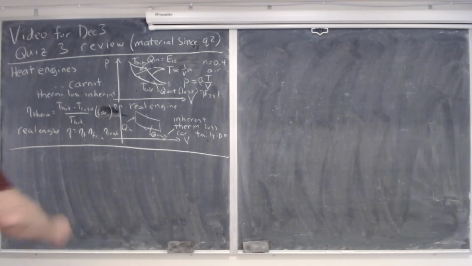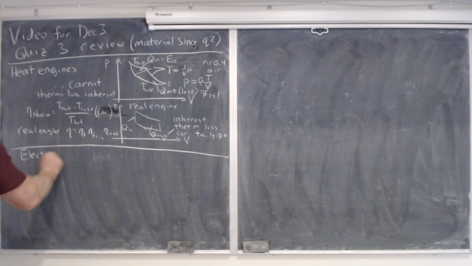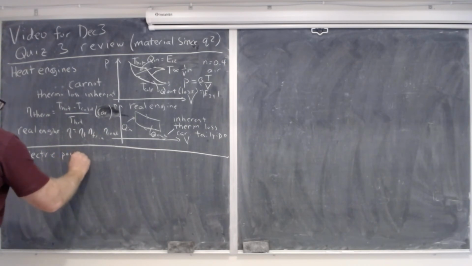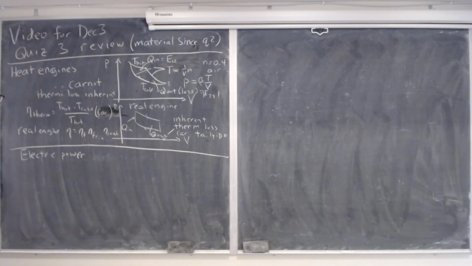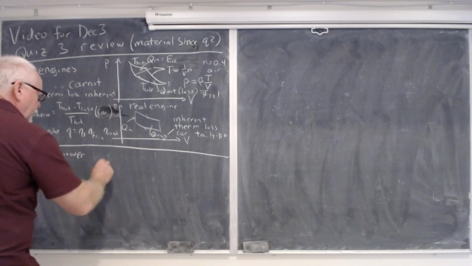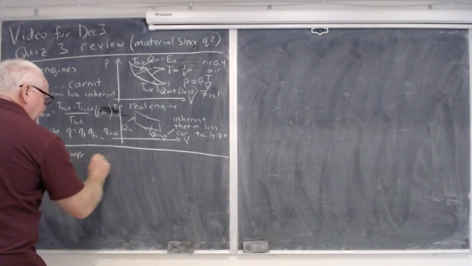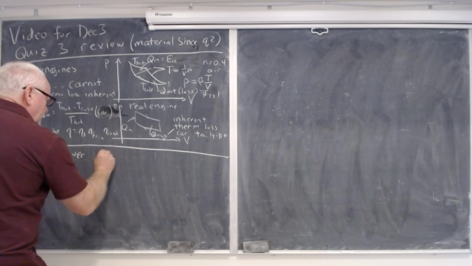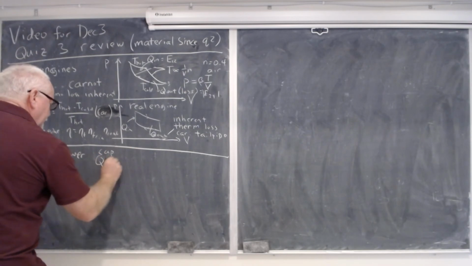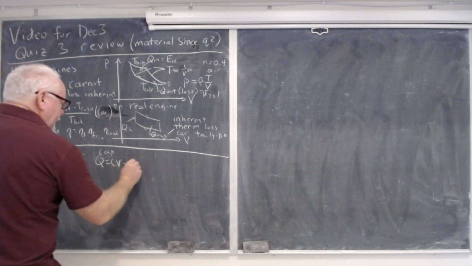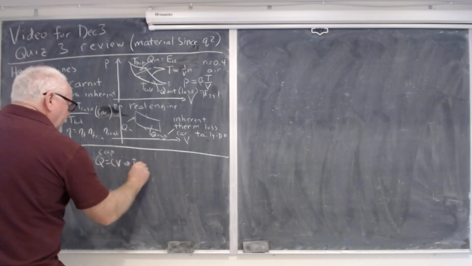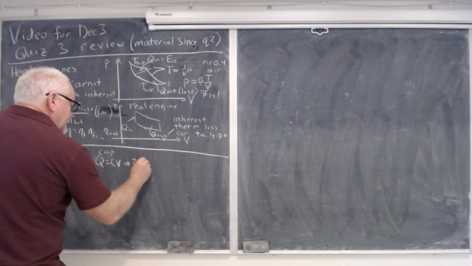And then we got into essentially electric power. We started at the beginning there about charge and current and things like that. But you learned that there's capacitors where Q is equal to CV. And if you take the time derivative of both sides, that means that I for a capacitor is C dV dt.